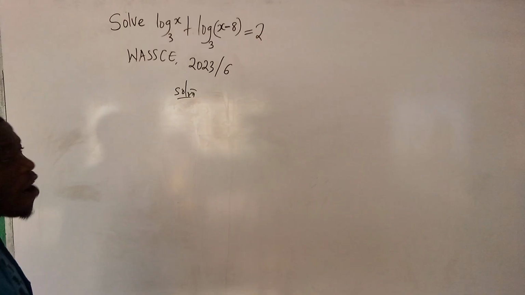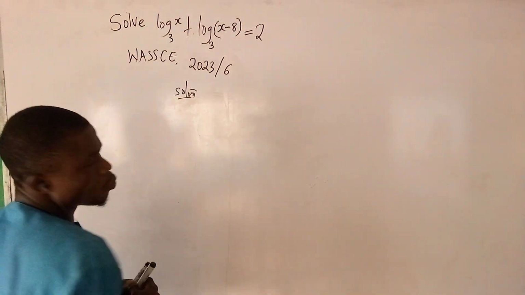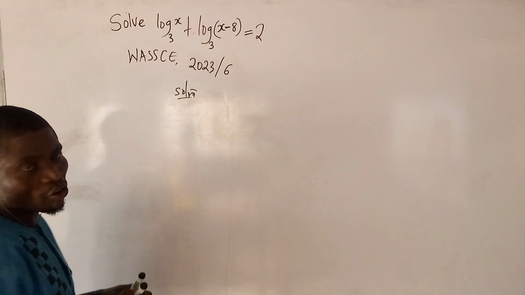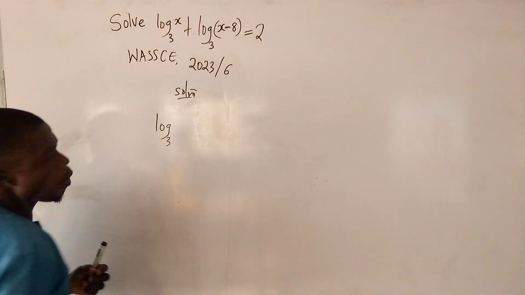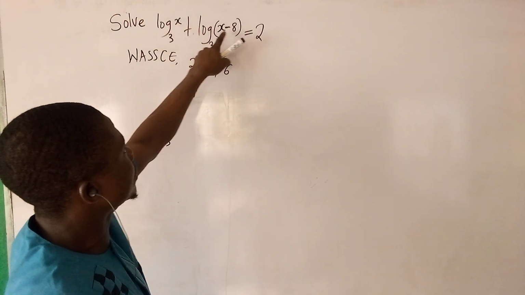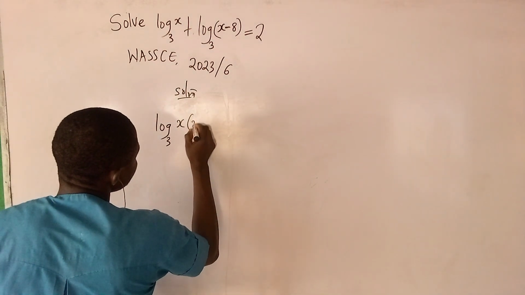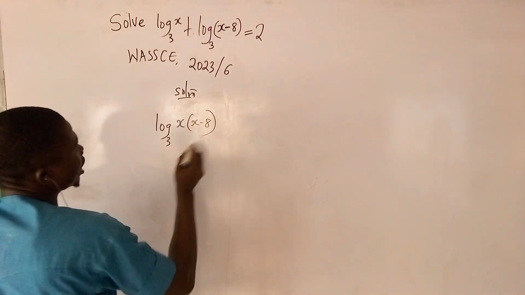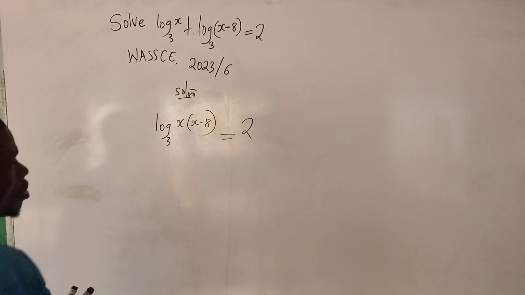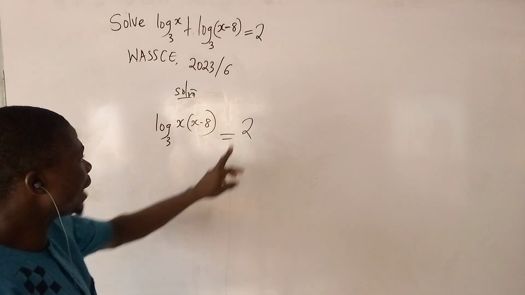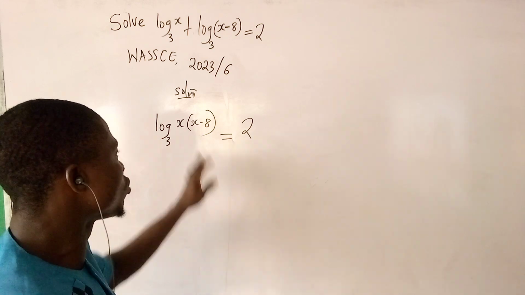For the addition law, when the logs have a common base, you write one log base 3, and the numbers you multiply. This is x into (x minus 8). Then you can equate it to this 2. At this point, we have two methods through which you can find the answer.